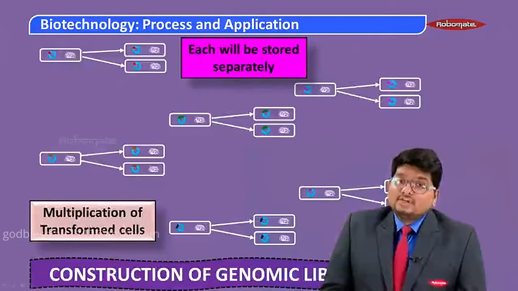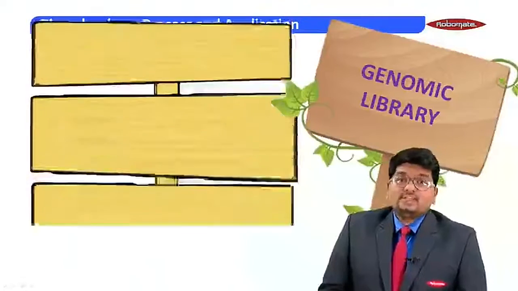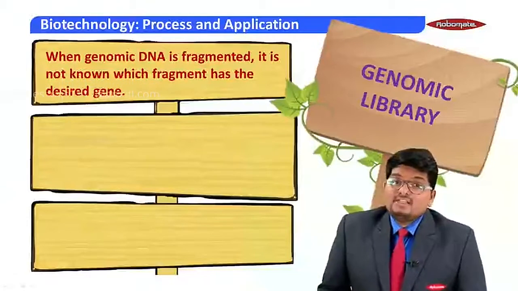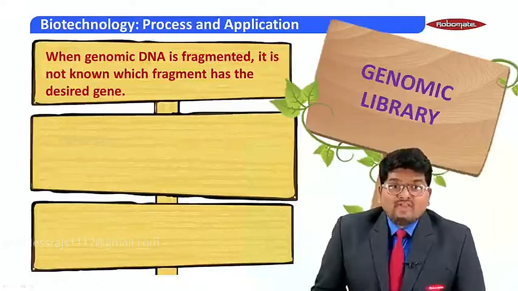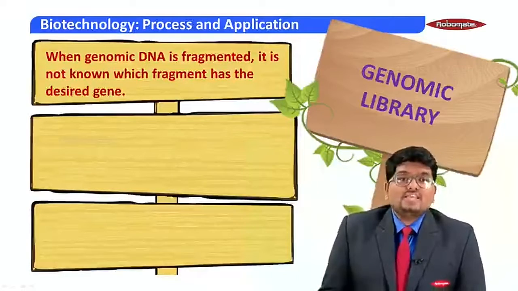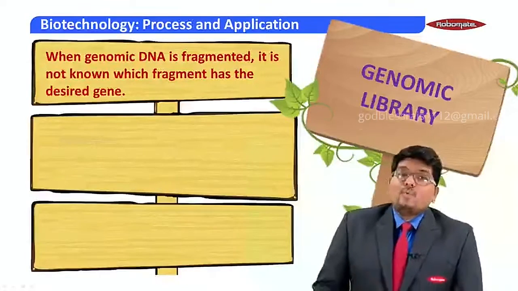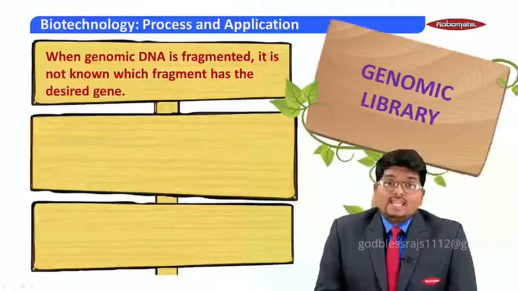Now let us take a look at the properties of genomic library. When we fragment the genomic DNA, we cannot know which DNA fragment contains the gene, and hence we insert all the DNA fragments into the vectors for cloning. So we do not leave out any DNA fragment.